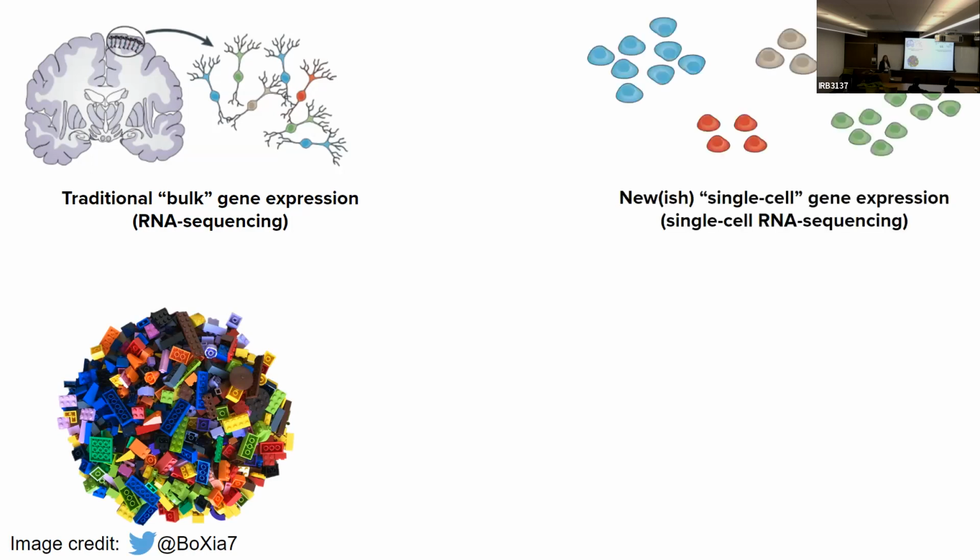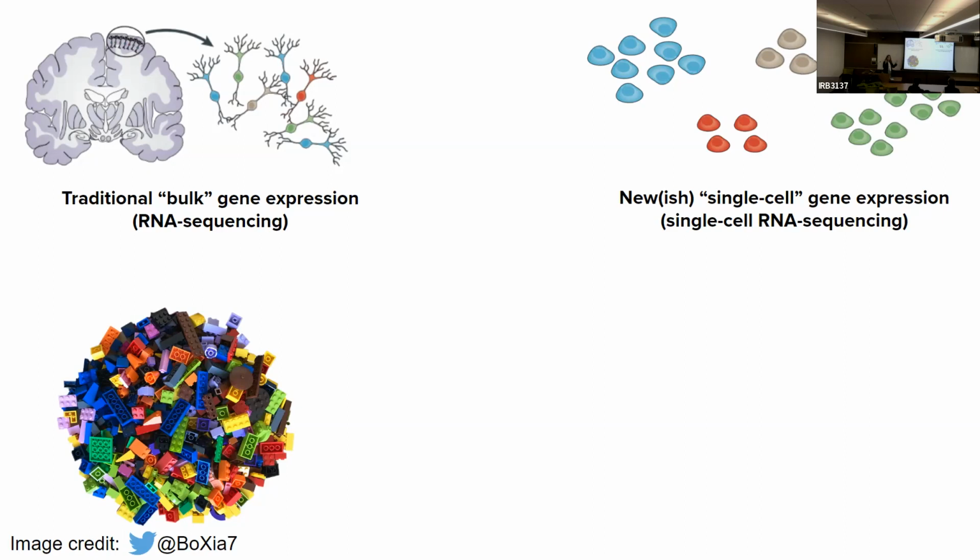Fast forward to 2014, 2015, when single cell technologies came online. This was a huge advancement in the field for gene expression, where now the readout for every observation is a single cell. So we get a molecular readout of, let's say, the full human transcriptome, so all 20,000 protein coding genes, for each individual cell.